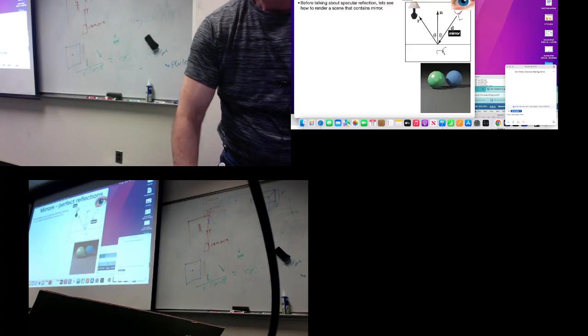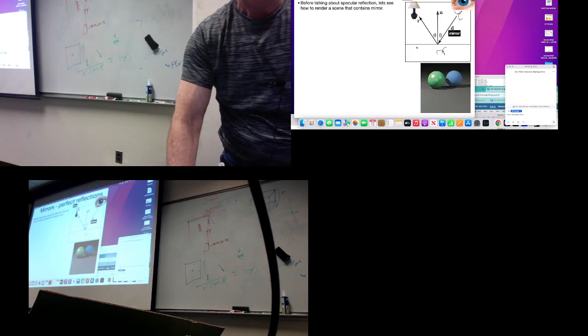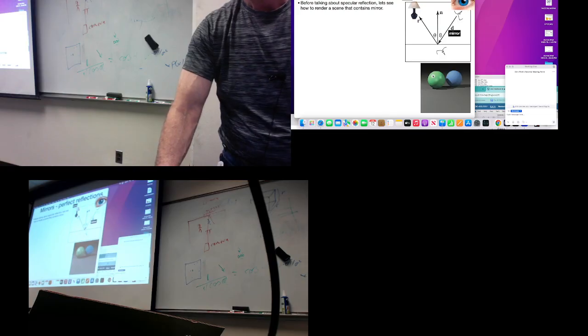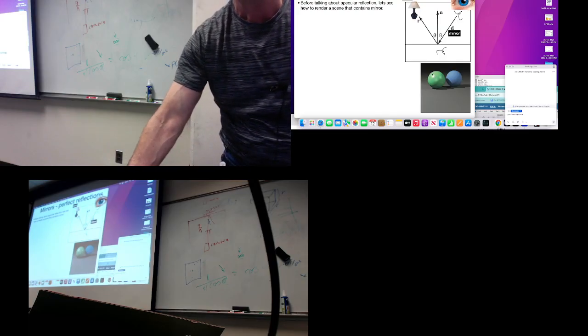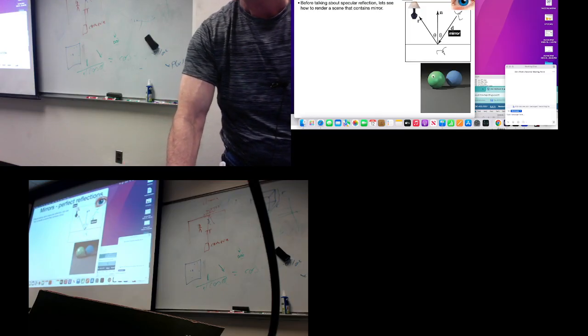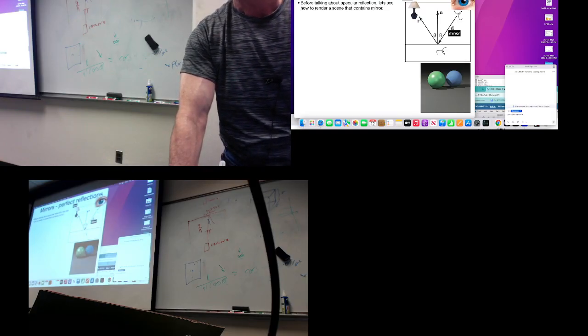Okay, given everything that we've seen about mirrors, let's ask how do I create the specular reflection. So the specular reflection, this spot, should appear more or less where the point of the light would have appeared had the sphere been a perfect mirror.